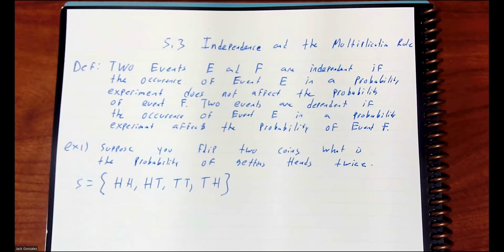Anyway, so there's a sample space, every possible outcome. So the probability you can see, if you just count them, it's just one way out of how many? That's 1 out of 4. So you can just figure it out by counting them.